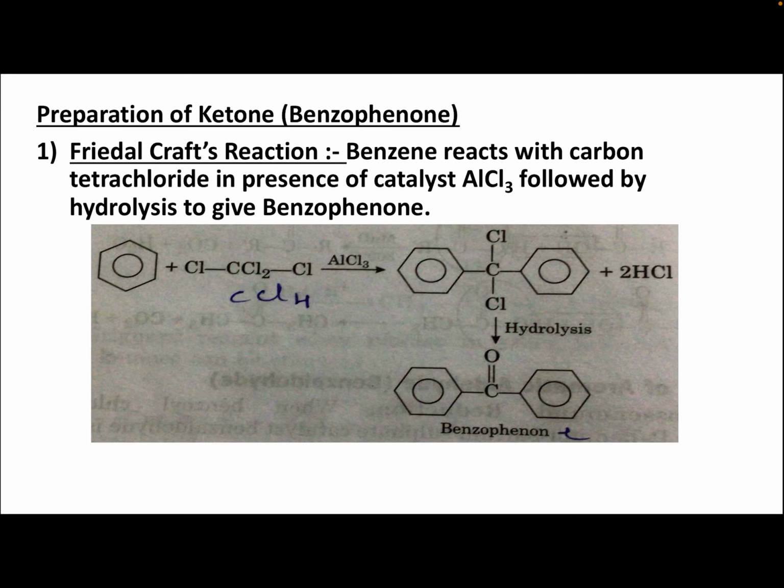So carbon tetrachloride can be written like this: Cl bond CCl2 bond Cl. So there are four chlorines and carbon. So it is known as carbon tetrachloride. In presence of AlCl3 we will get an addition product, which on hydrolysis gives benzophenone. Benzophenone means on either side there is phenyl group and in the middle there is carbonyl group. This is known as benzophenone. So by Friedel-Crafts reaction we can prepare benzophenone in the presence of benzene, CCl4 and aluminum chloride.